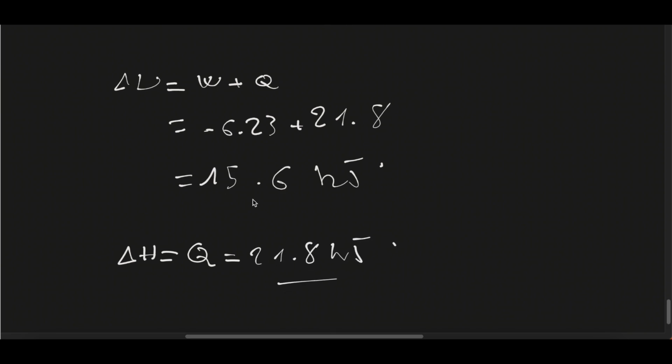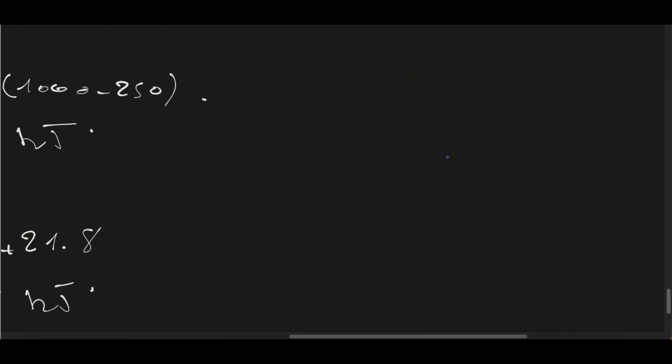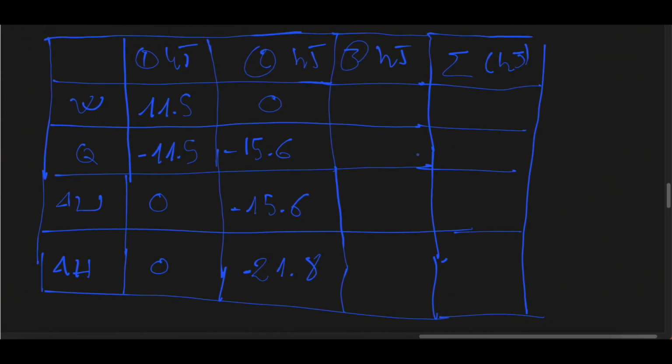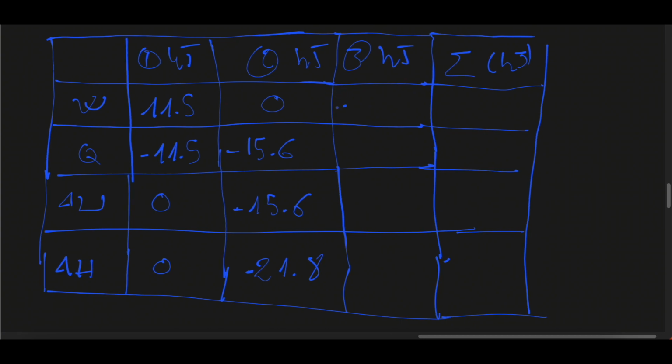Now we can fill the last column. So here we have minus 6.23 and 21.8. Here we have 15.6, and the change in enthalpy is the same as the heat, 21.8.